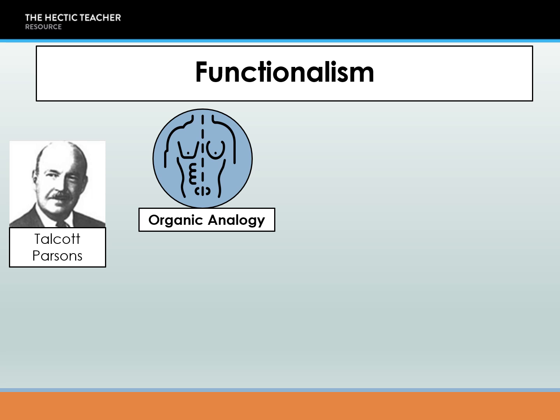And he identified 3 ways that society is very much like the human body, hence organic analogy. The first is this idea of systems. Society and the human body are systems of interconnected and interdependent parts which function for the good of the whole.